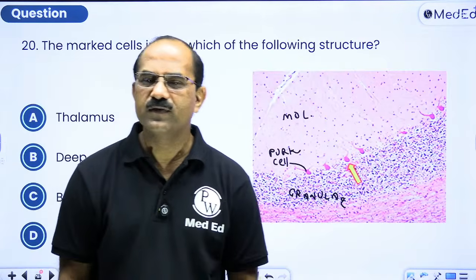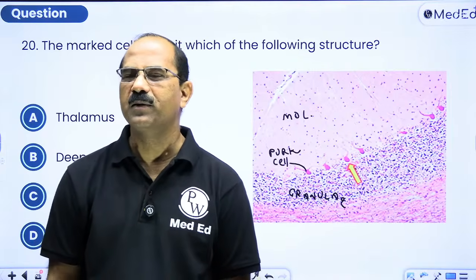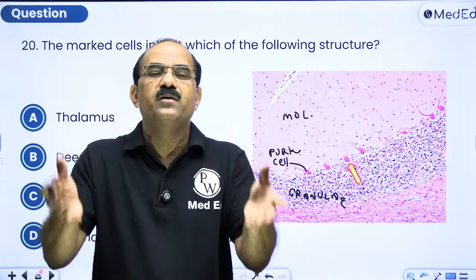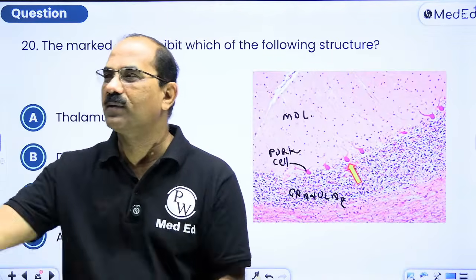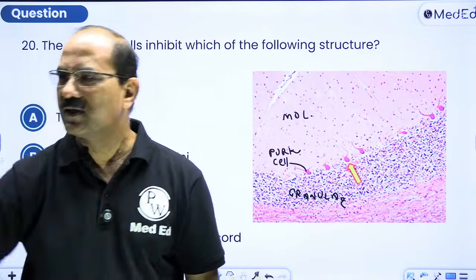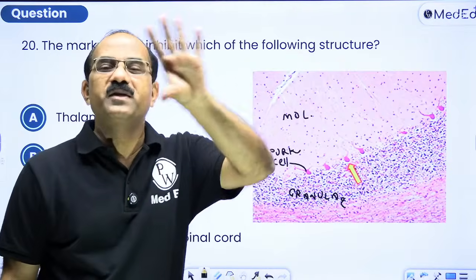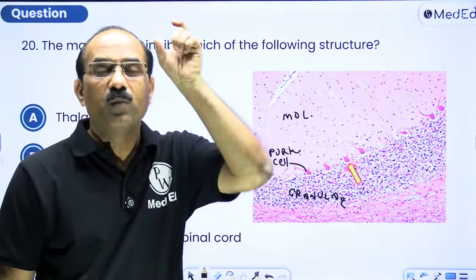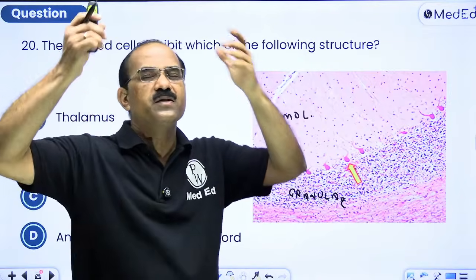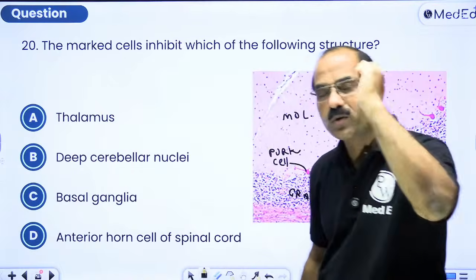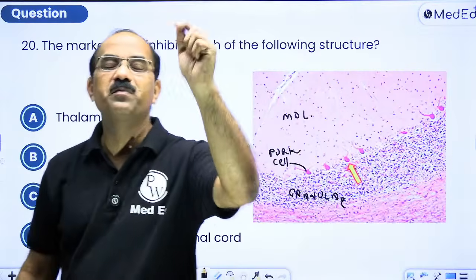This is a slide of cerebellum. The sole sensory input to the cerebellum is to the Purkinje cell. The only motor output from the cerebellum is the Purkinje cell.